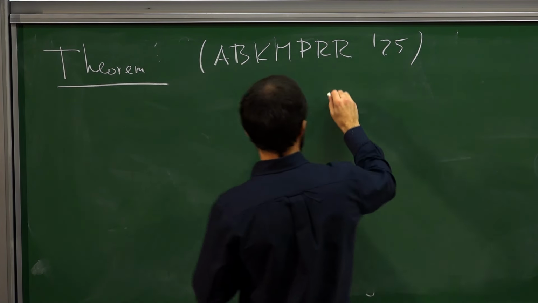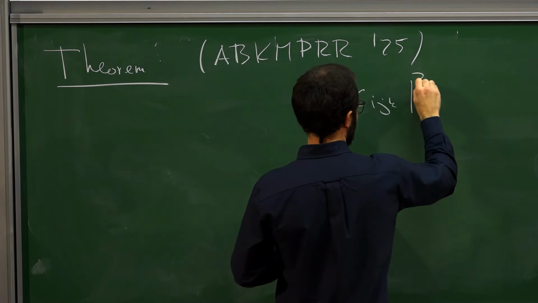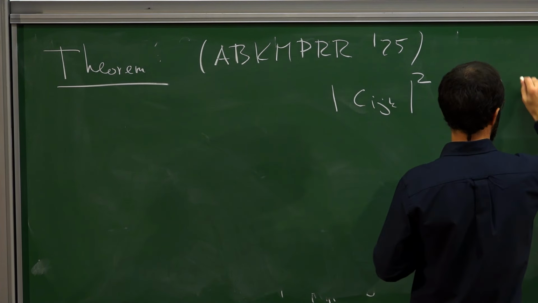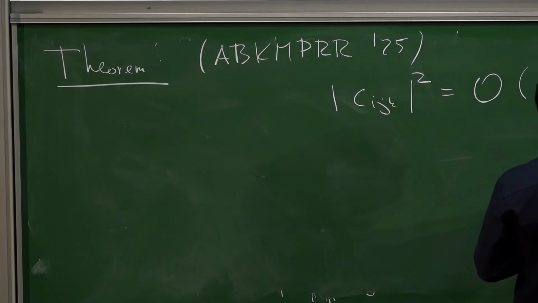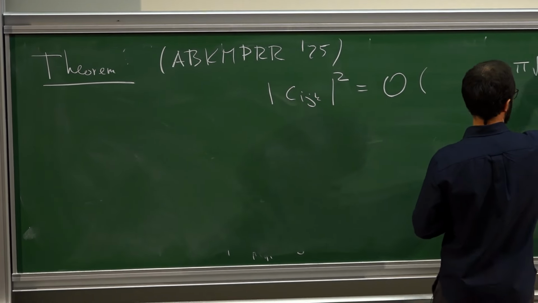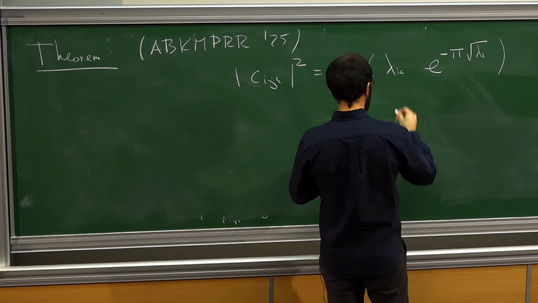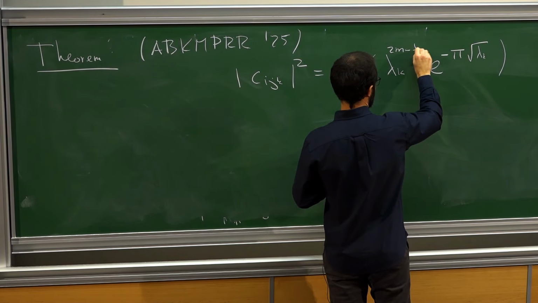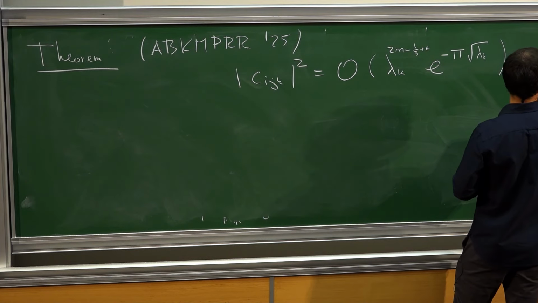When you look at the size of the C_ijk for any co-compact gamma, then it's bounded by, firstly, an exponential, as expected, as I sketched before. And then there is a very precise power law, which is 2m minus a third, actually plus epsilon for any positive epsilon.